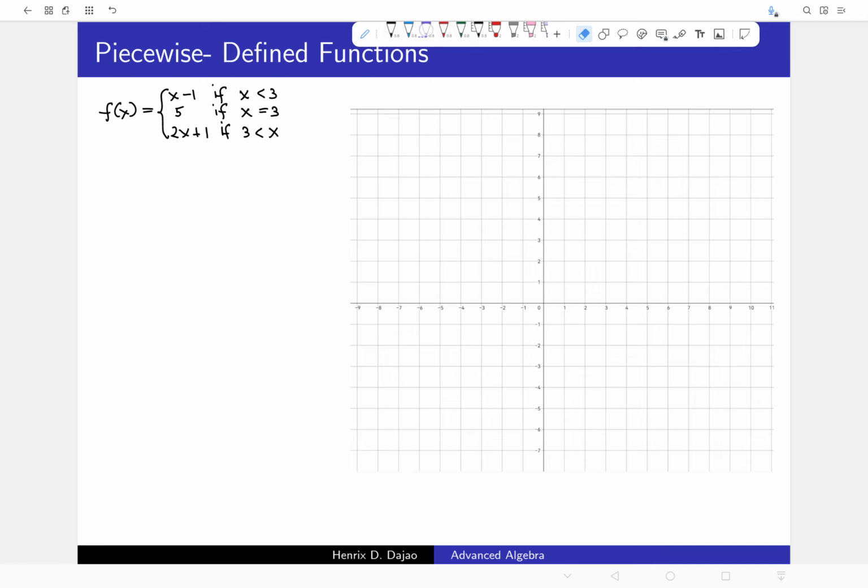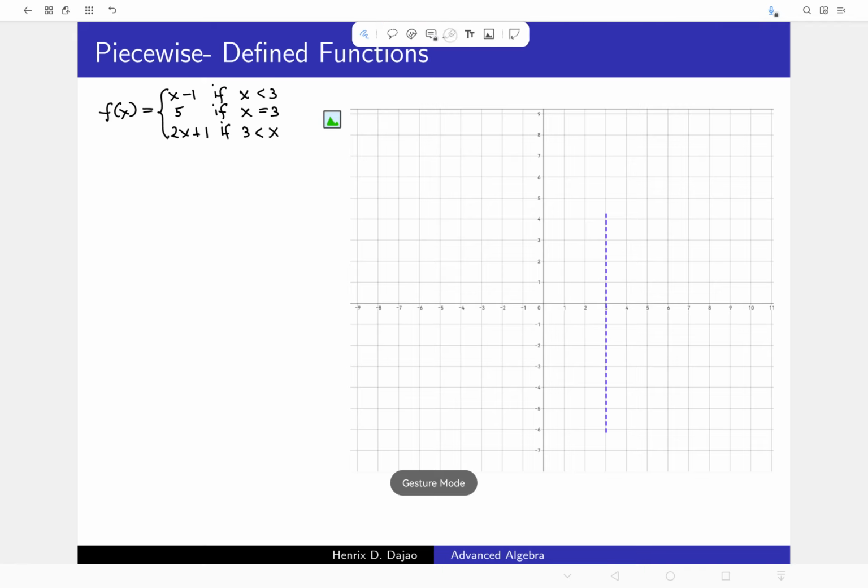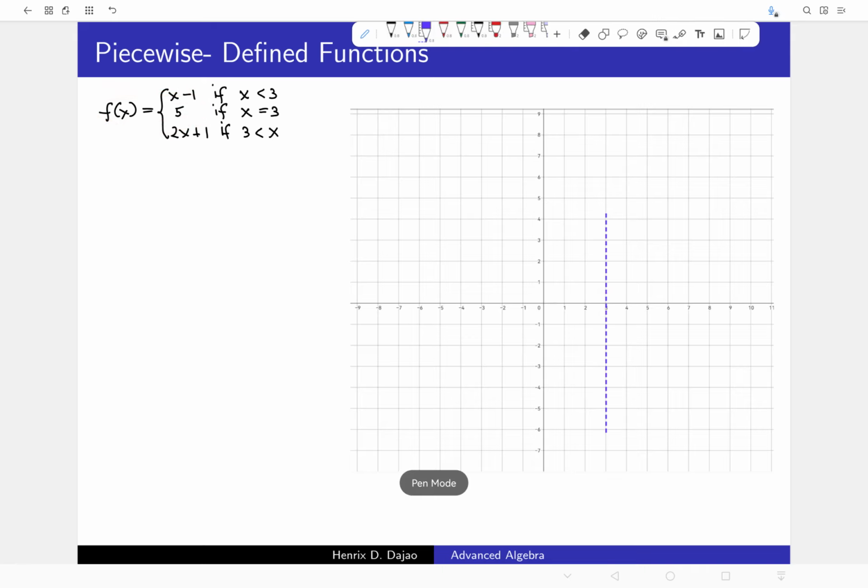If x is less than 3, so if your domain is this part, then your function is a linear function defined by f of x equals x minus 1. If x is equal to 3, then you have a constant function. If x is greater than 3, you have another linear function.